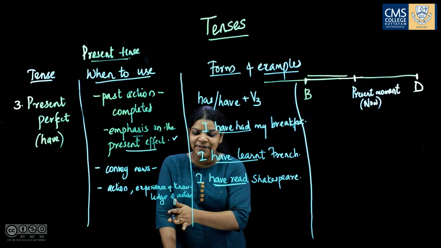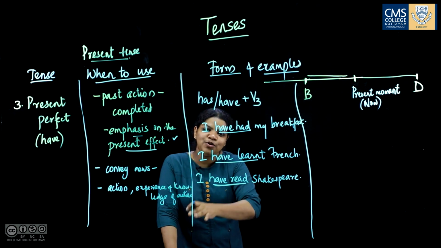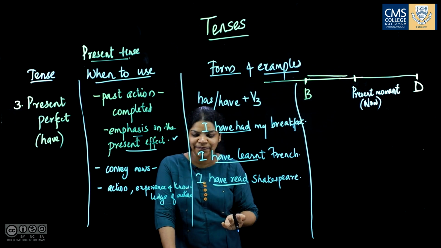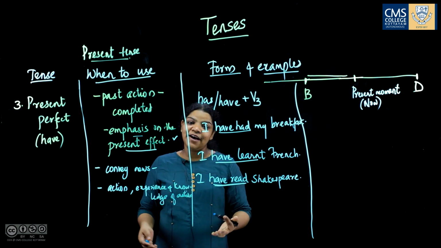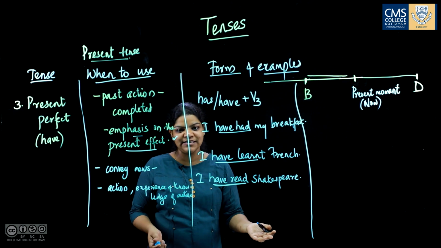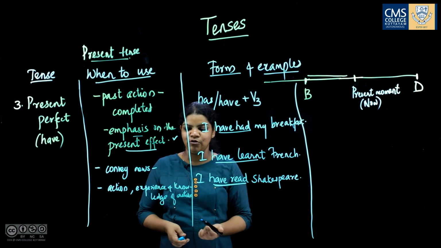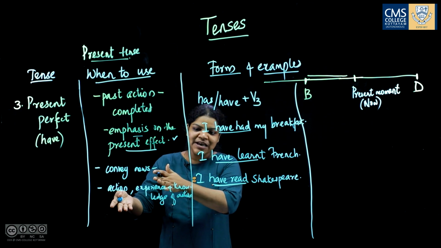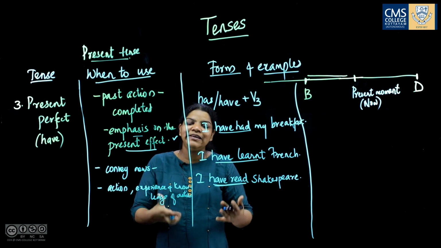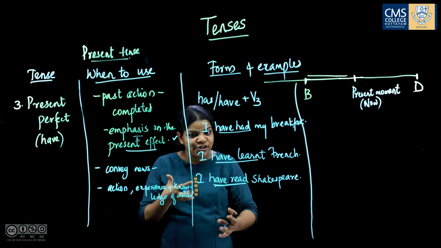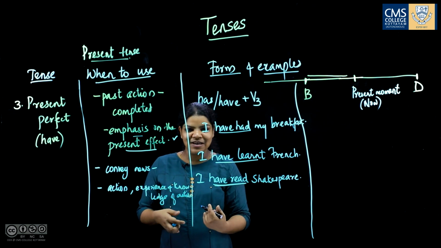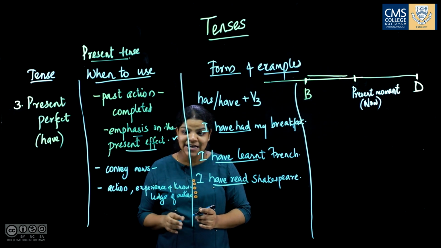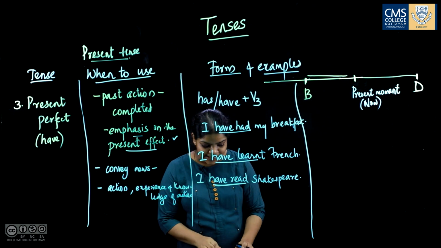An action which is complete, and you want to convey that even though it is a completed action, I have the experience and knowledge of that action even now. For example, when I say, I have lived among the Eskimos. I have lived among the Eskimos. Now here, it is an action which happened in the past, but the experience of living with the Eskimos and the knowledge of them remains with me even now. So that is another instance when you use the present perfect tense.